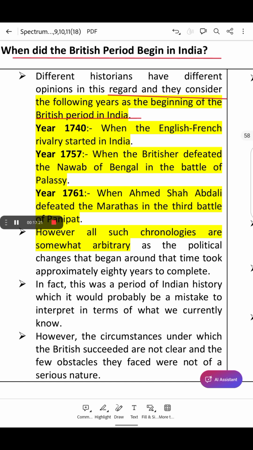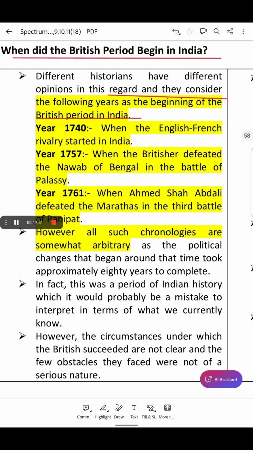That was the extension of their conflicts, like the War of Austrian Succession and the Seven Years' War. So the Carnatic War was the extension of the war that was going on in the Western countries.